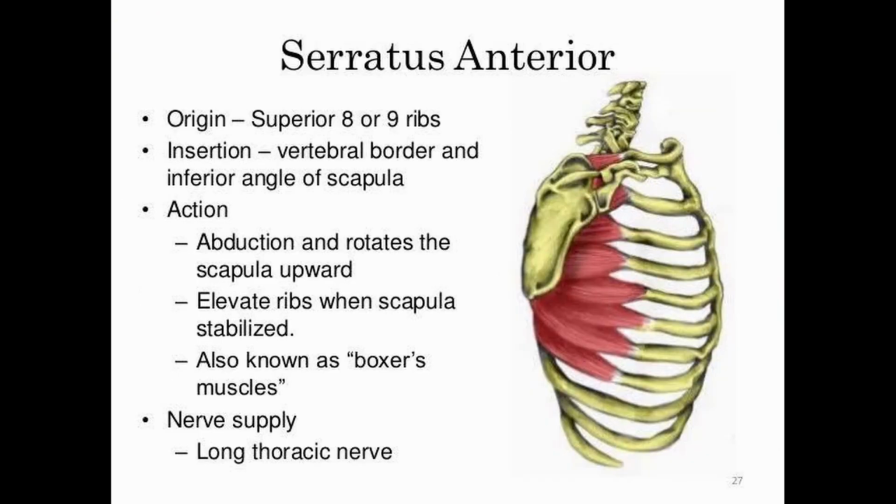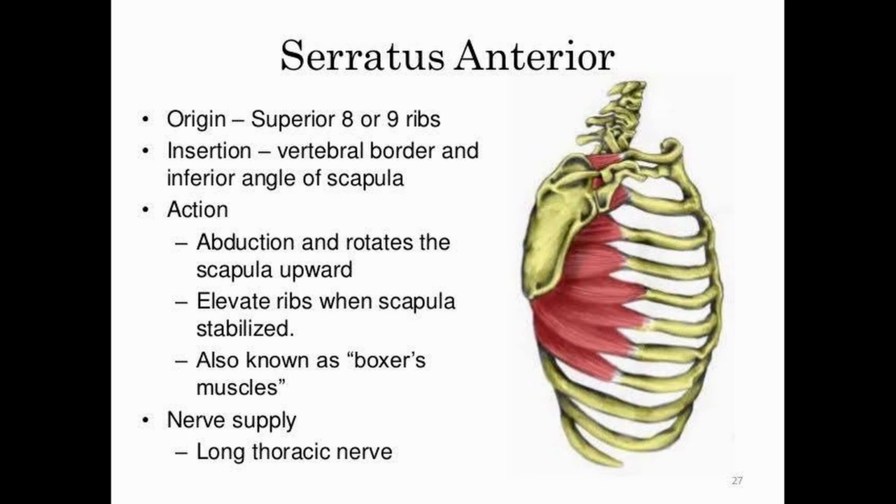Now the fourth muscle is the serratus anterior muscle. The serratus anterior muscle takes origin from the superior 8 or 9 ribs. As you can see on the diagram, the serratus anterior muscle is showing, and it is inserted into the vertebral border and inferior angle of the scapula.